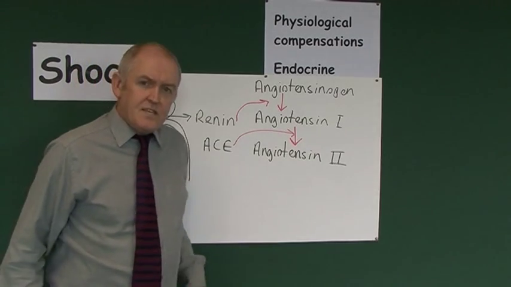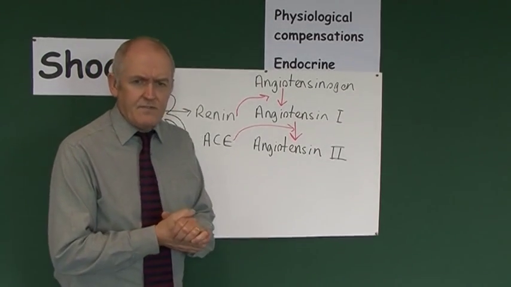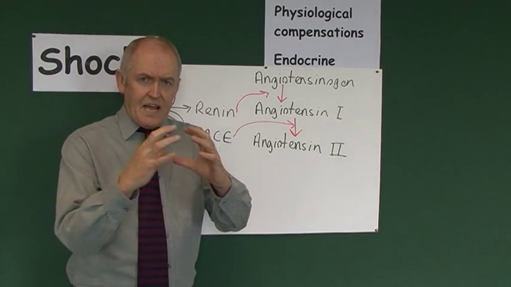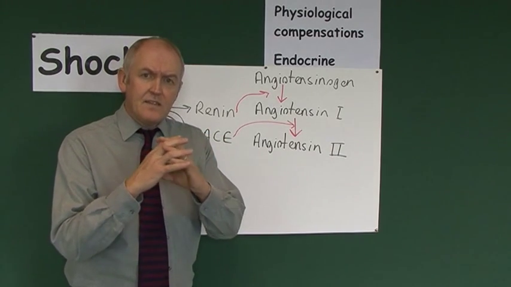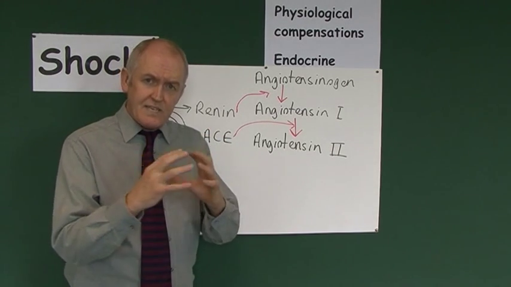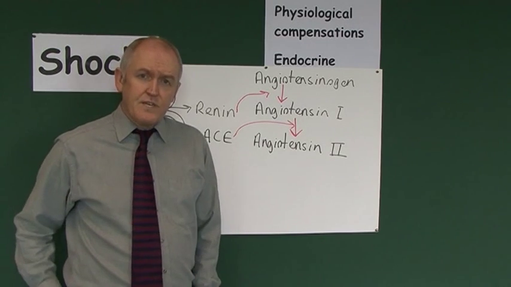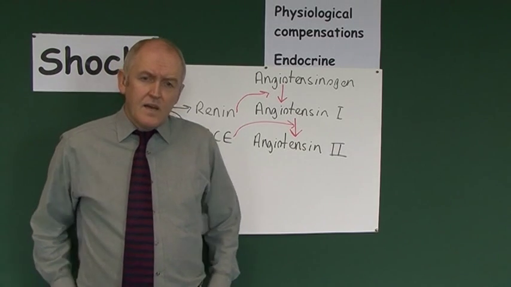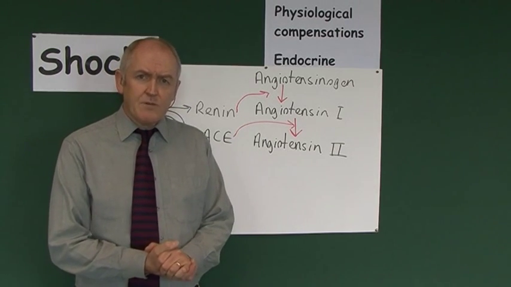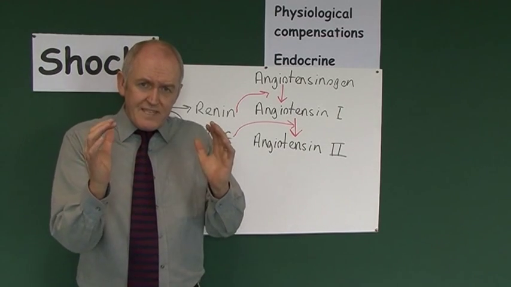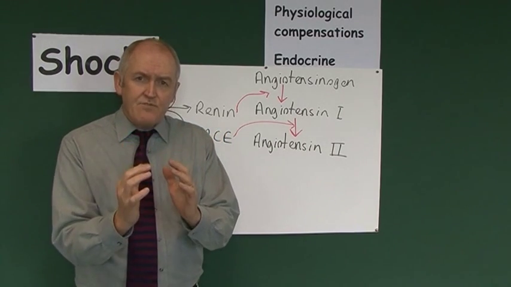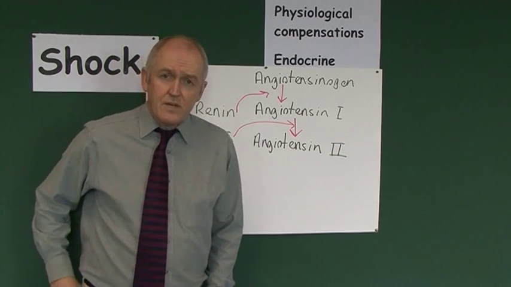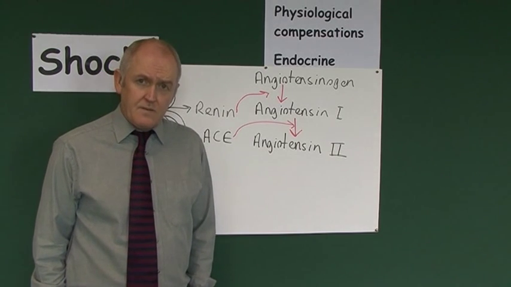Now, angiotensin type 2 is very physiologically active. It is a profound vasoconstrictor. It constricts down the blood vessels, particularly the arterioles. And when you constrict down the arterioles, that's going to increase peripheral resistance, therefore increase blood pressure. And angiotensin type 2 also has some venoconstricting properties, which means it closes the veins down. That increases the central venous pressure, and that increases preload, which also helps to increase venous return to the heart.